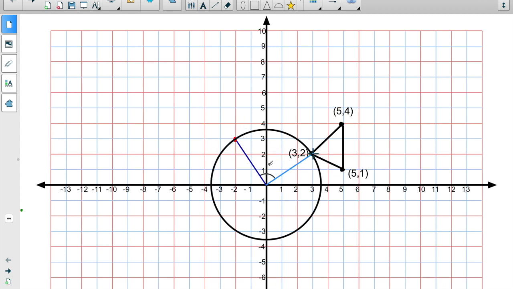So now if we look here, this point has gone 90 degrees counterclockwise to here, and you can see that's where the new point would be at negative 2, 3. So if I was to write that as neat as I can, negative 2, comma 3. Sorry, it's kind of messy.